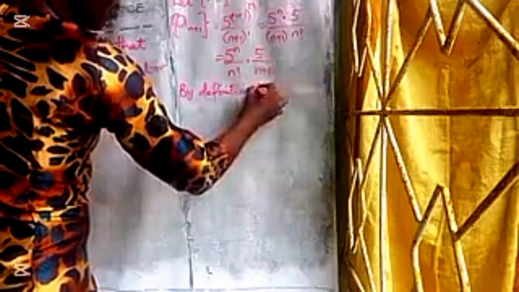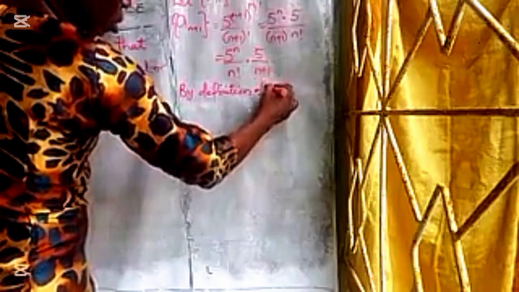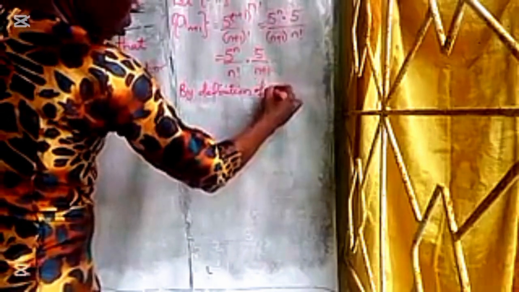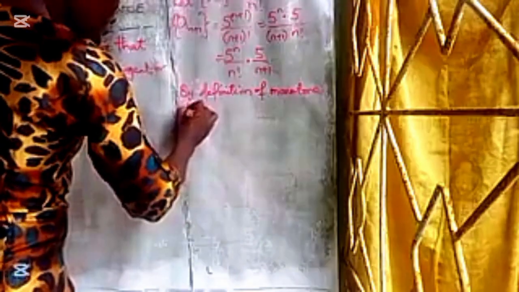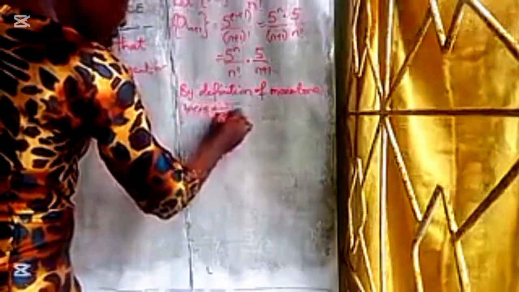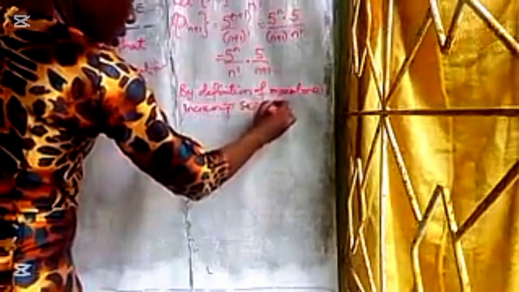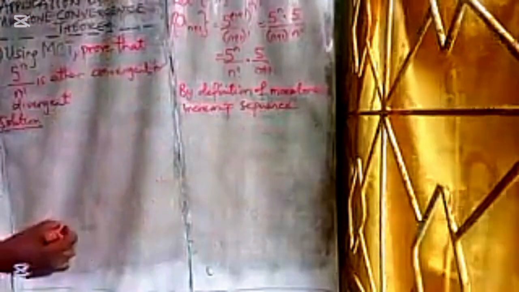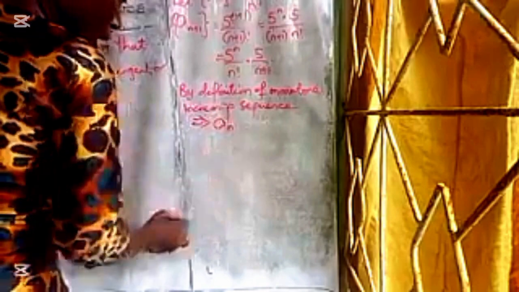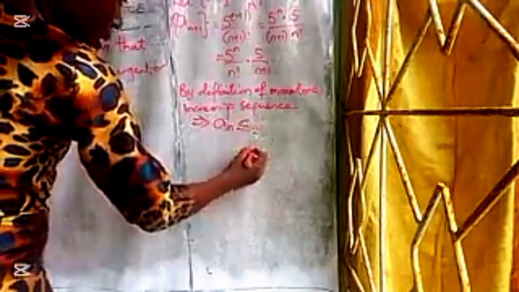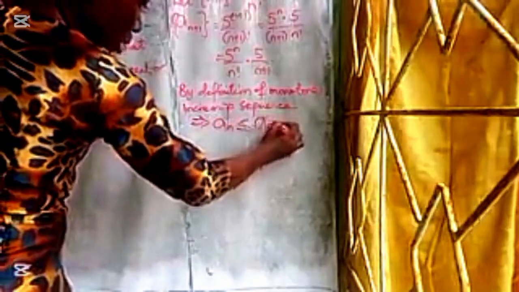Now, for a sub n to be increasing, by definition of a monotone increasing sequence, it implies that a sub n is less than or equal to a sub n plus 1.